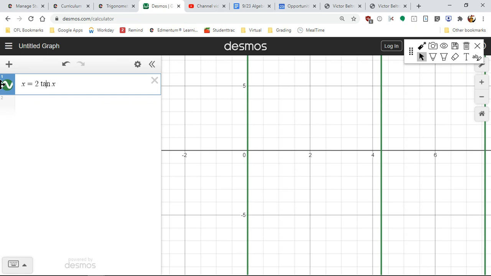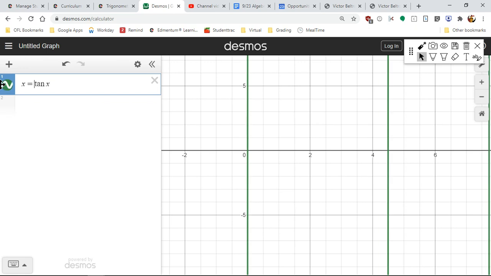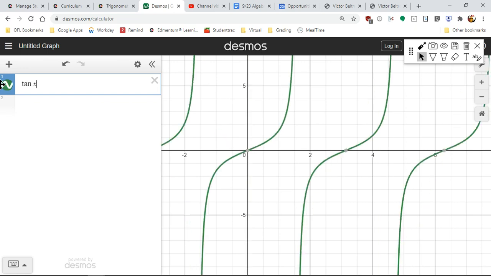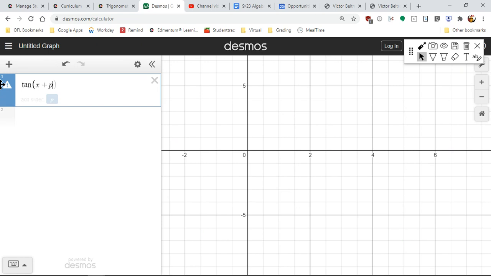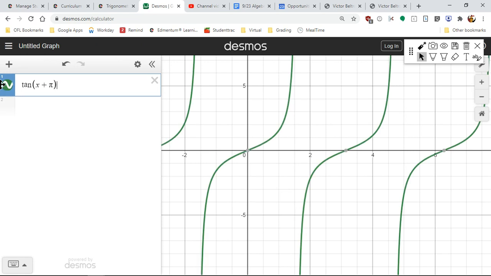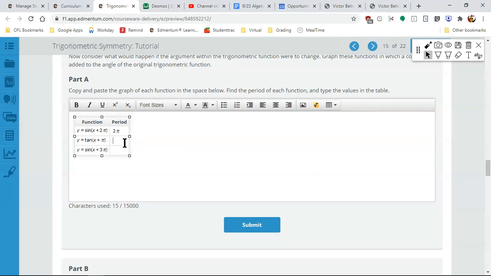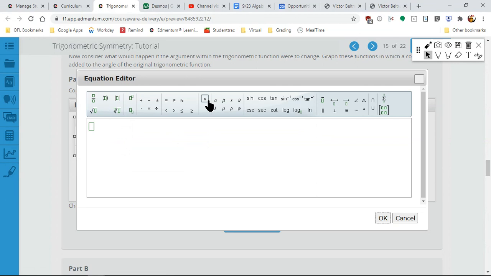So if we move it over just pi, it looks like nothing's happening. So this is still pi. Our period still has not changed.